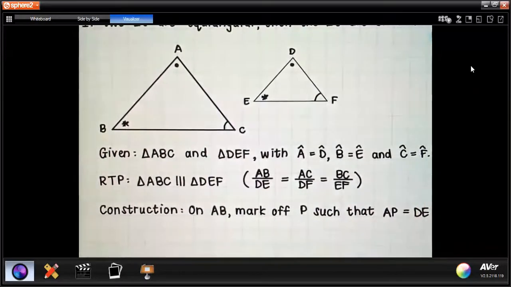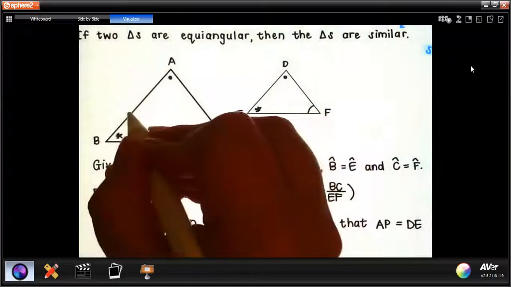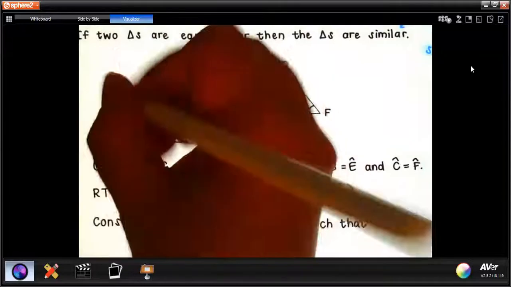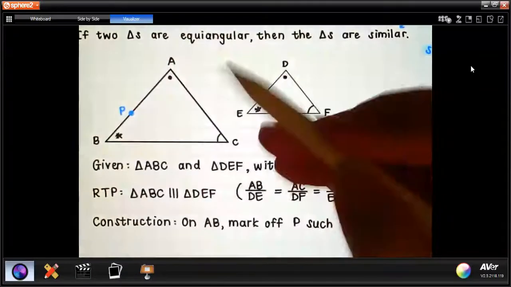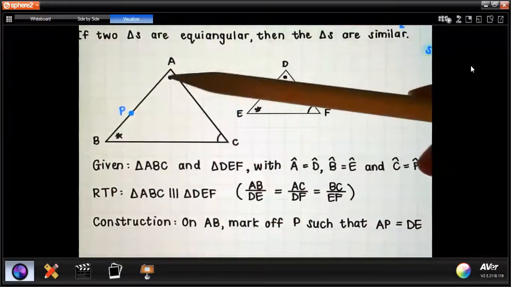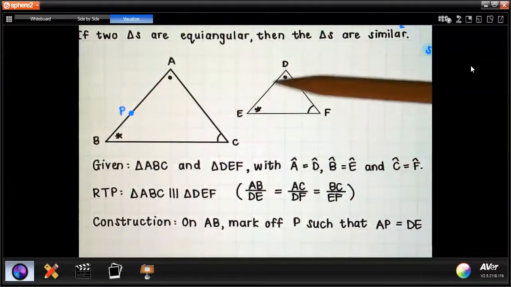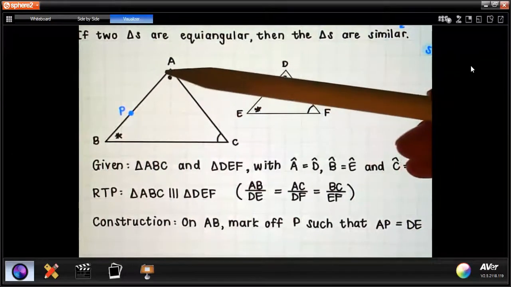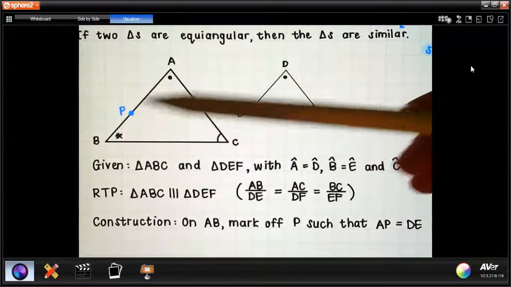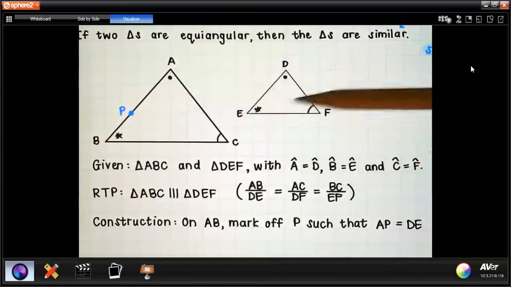So what we're going to do is on AB, we're going to make a point. We're going to call that point P, so that AP is equal to DE. So you can see here that I have gone 3 blocks down from D to E, that's 3 blocks down. So you need to make sure that when you are constructing point P, you are also going 3 points down from A. Then we're going to do the same thing on the other side.